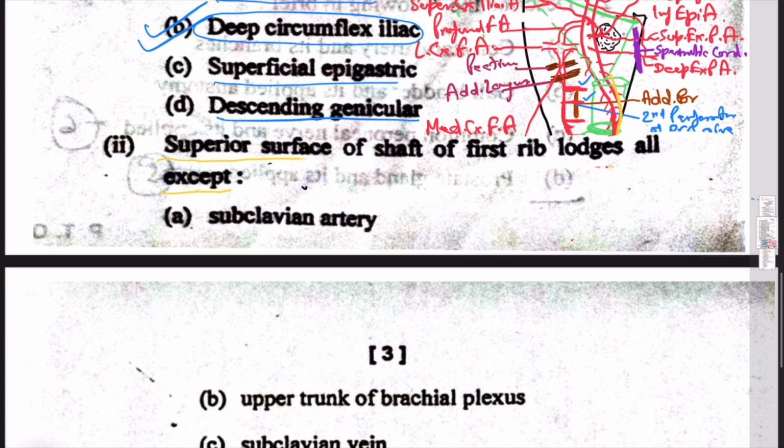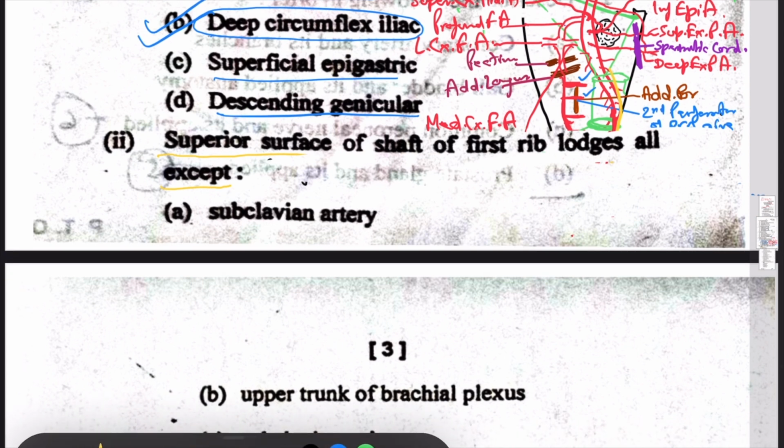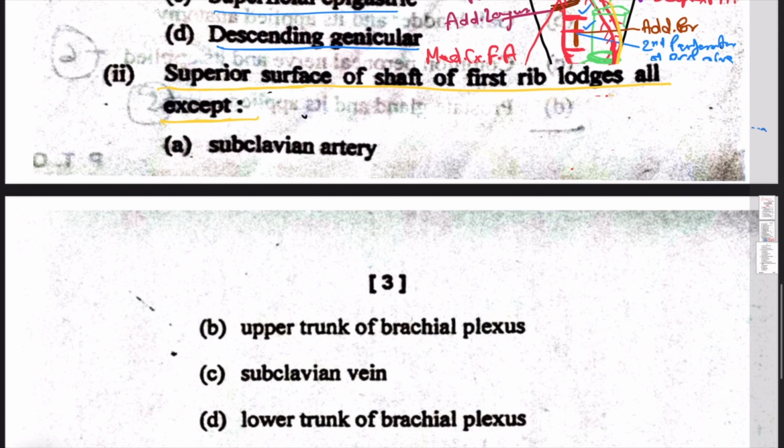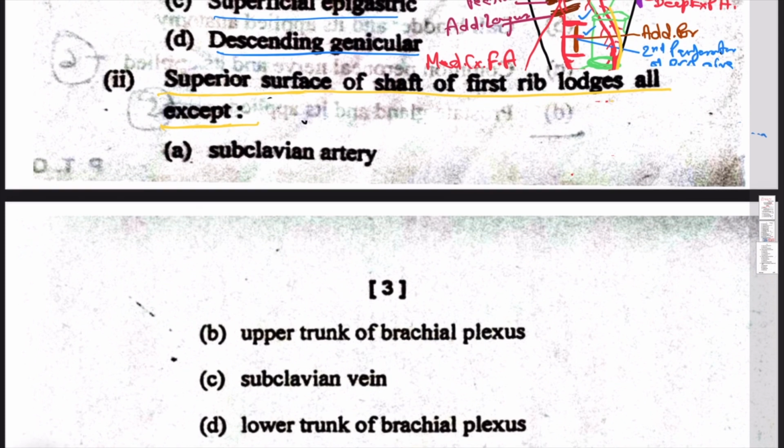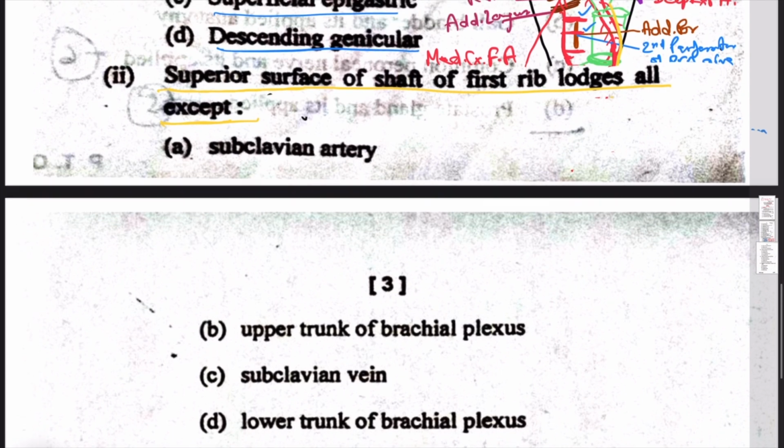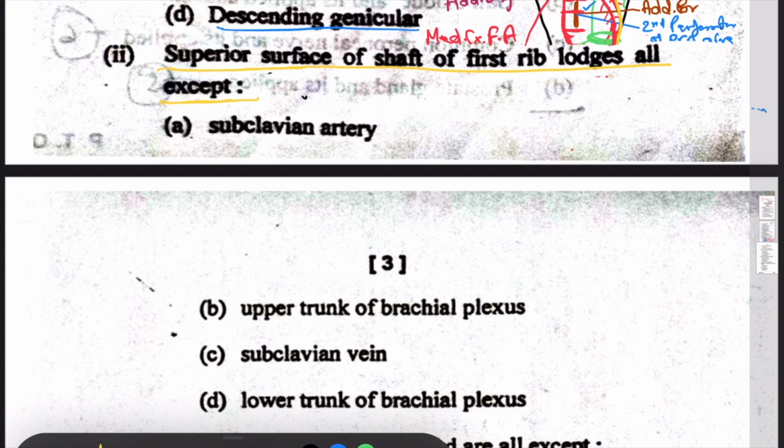Okay, so just clean now. Superior surface of the shaft of first rib lodges all except. So this is about the first rib: subclavian artery, upper trunk of brachial plexus, subclavian vein, lower trunk of brachial plexus. I know many of you must be knowing the answer, so no need of excitement. This is just the topic, what I'm doing is to make you learn.